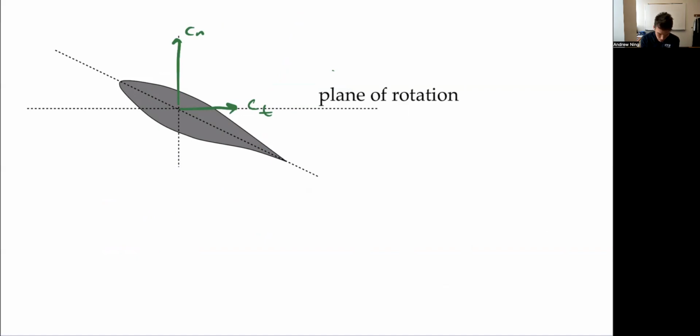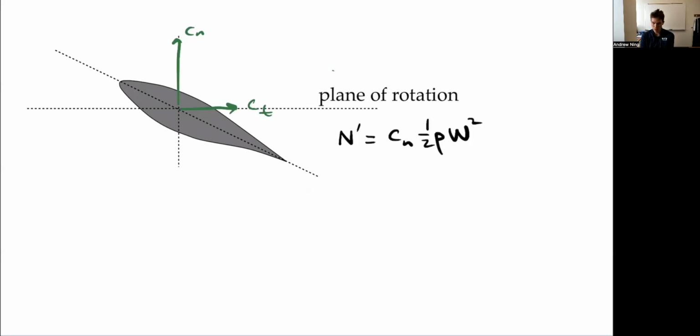So the normal force per unit length, or unit radius, right? So this force per unit length is just going to be given by the definition. If I just unnormalize the normal force coefficient, Cn, so normal force is going to be normalized by its dynamic pressure, 1/2 rho W squared.